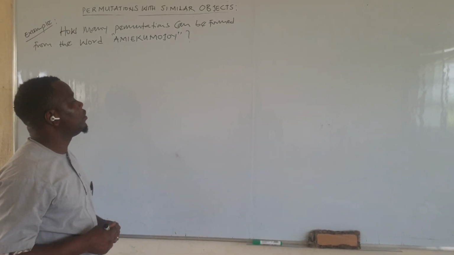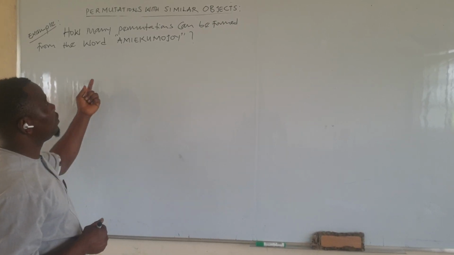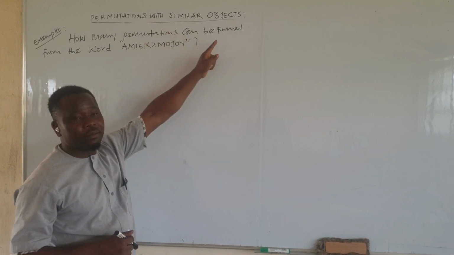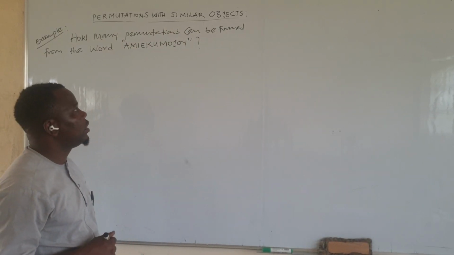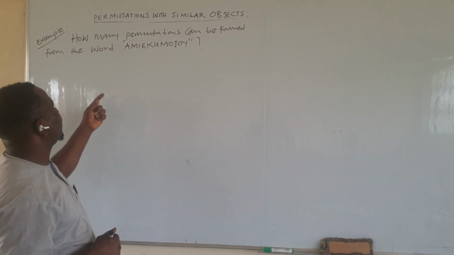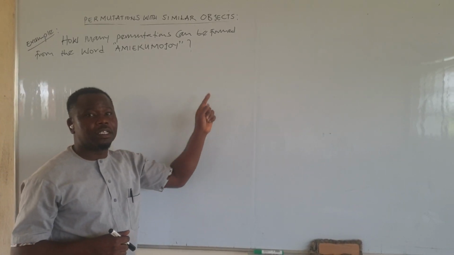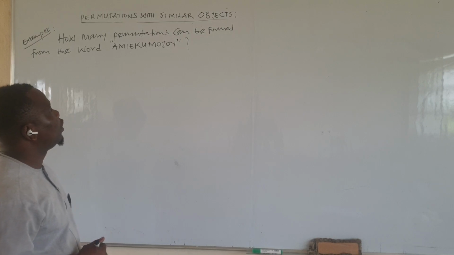In our last video, we solved one example, permutations with similar objects. Today we are going to look at another example. Is that clear? Okay.